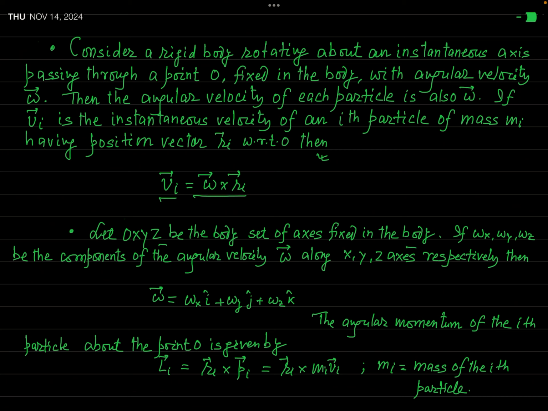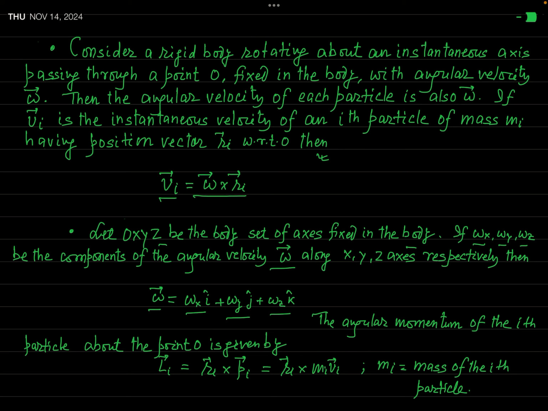If omega x, omega y, and omega z are the components of angular velocity omega along the x, y, z axes, then omega is the vector sum of these three components. So omega is expressed as omega x i plus omega y j plus omega z k.